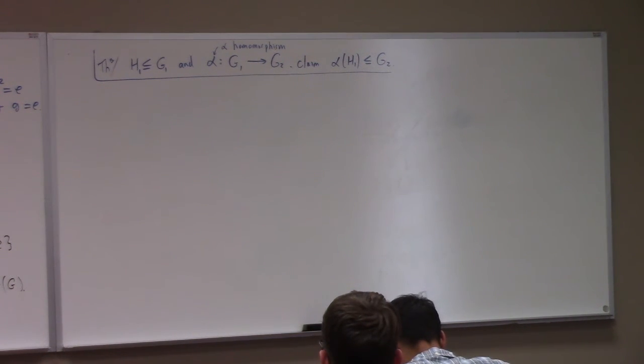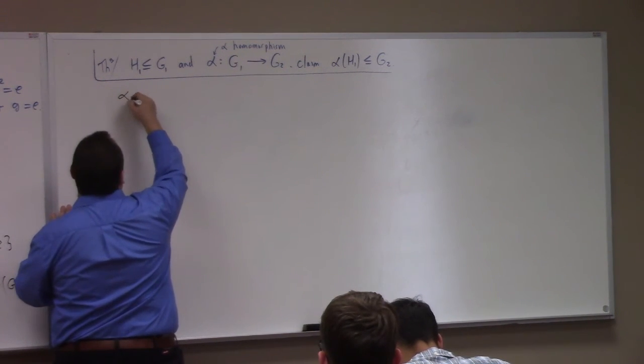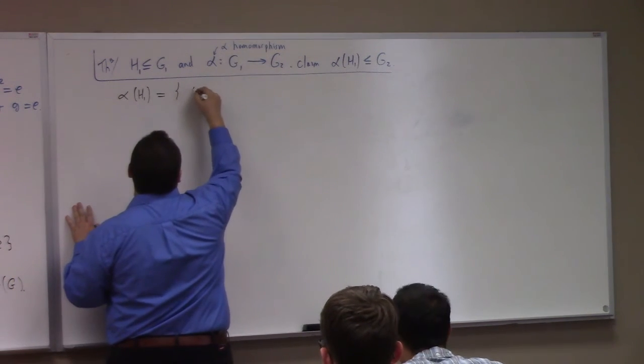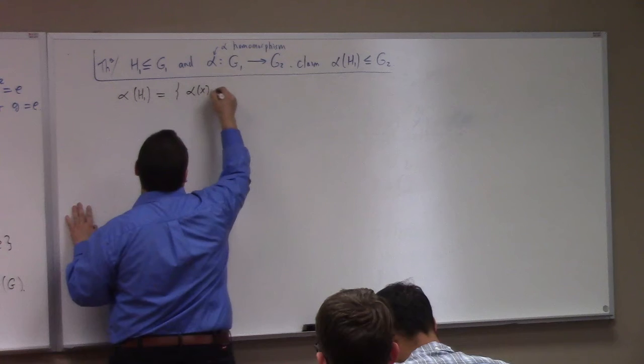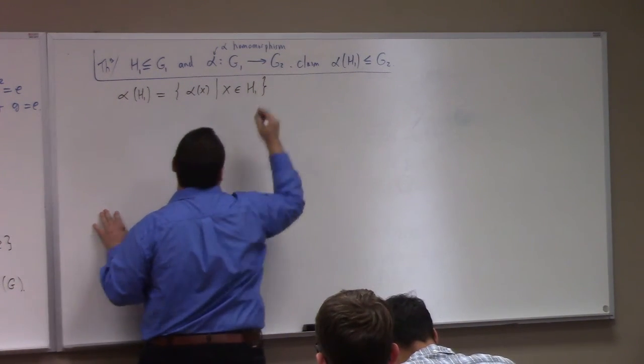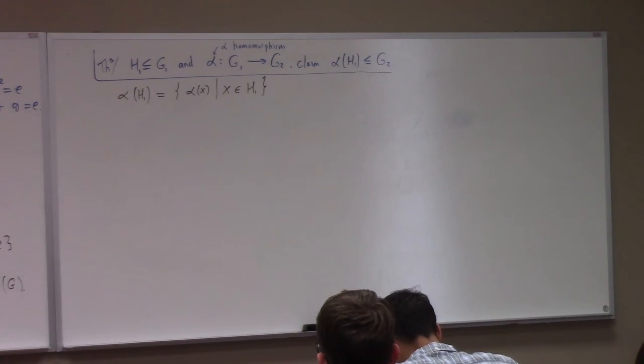Okay, so what do we do? Subgroup test, right? So notice that, first of all, what is alpha of H1? This is alpha of x such that x is in H1. This is the image of H1 under alpha.